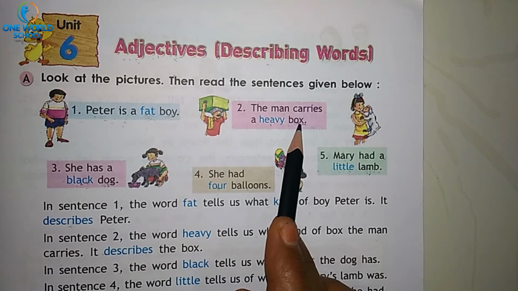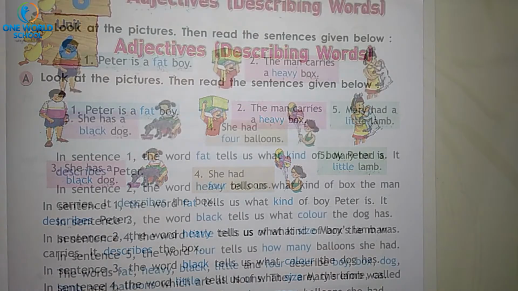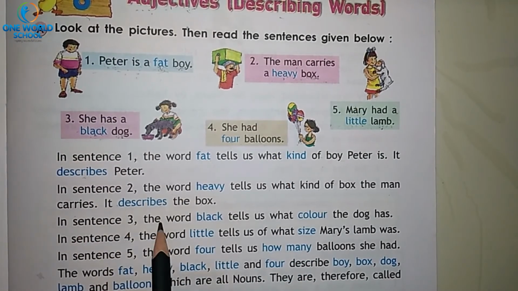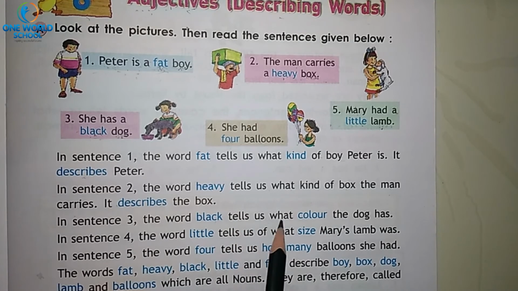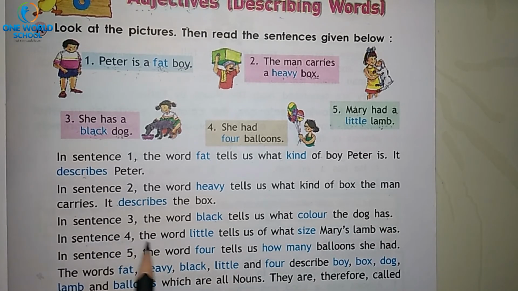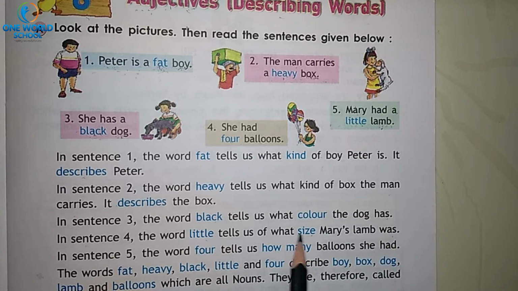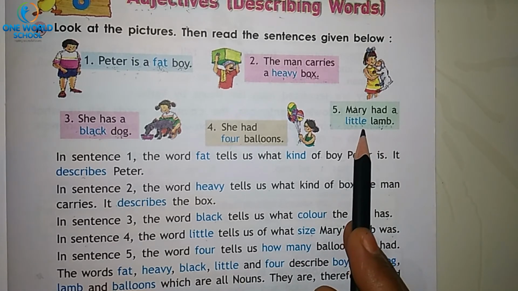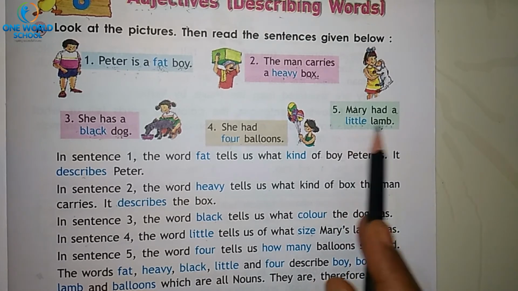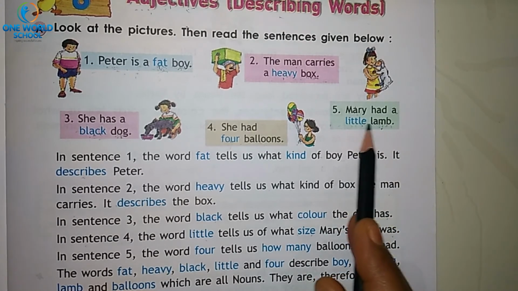In sentence 3, the word black tells us what color the dog has. In sentence 4, the word little tells us what size Mary's lamb was. What size? That means what kind of lamb. The lamb is little in size.